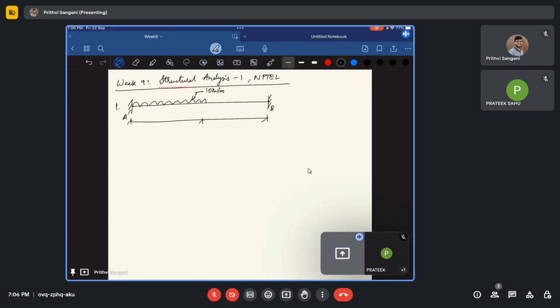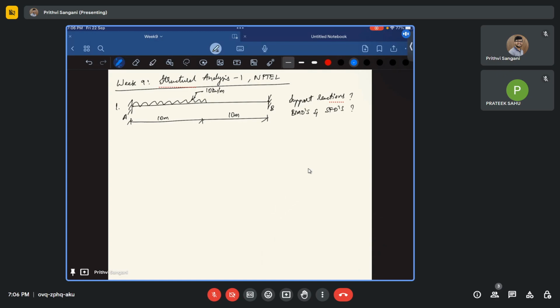The distances are 10 meters, 10 meters. Now solve for the support reactions, draw the bending moment diagram, BMD, and also the shear force diagram, SFD.